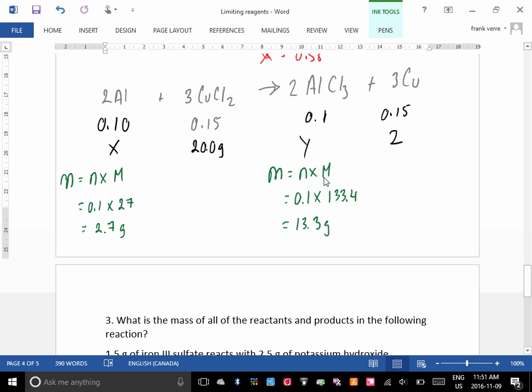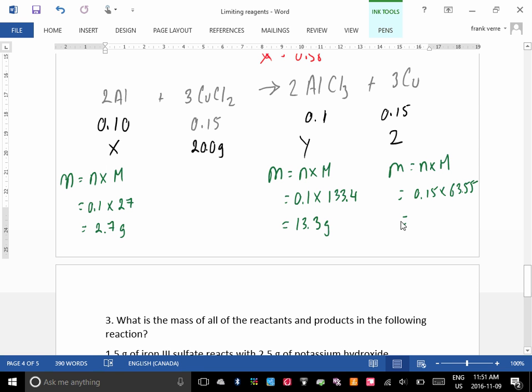Now, again, copper we can figure out two ways. It's either the difference, or we can actually calculate it. So let's calculate it. Mass equals number of moles times molar mass. 0.15 times copper, which was 63.55, you said?